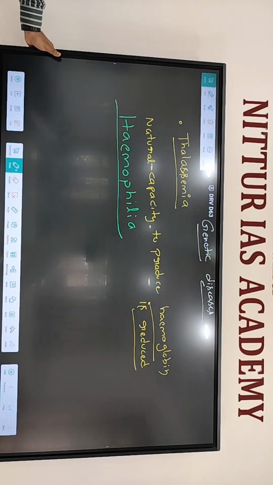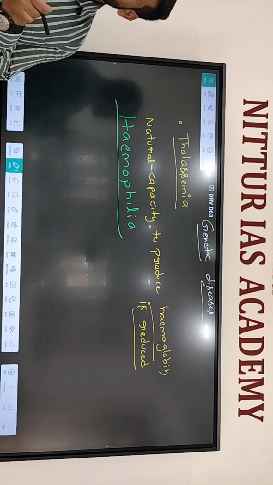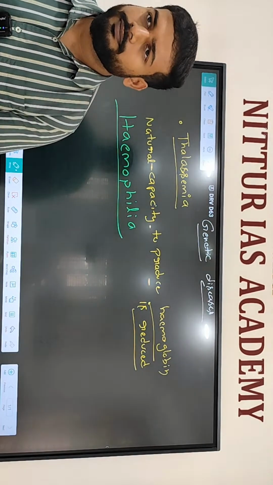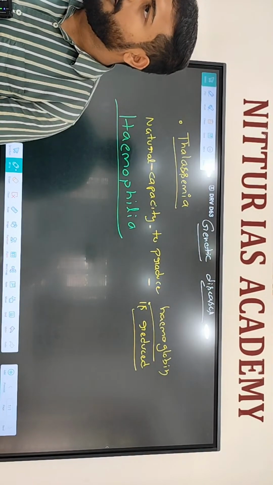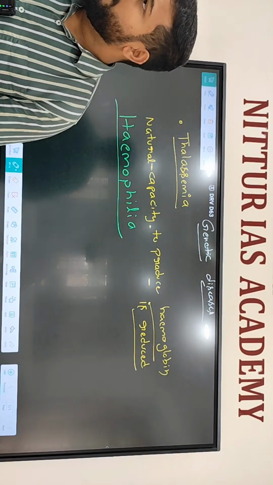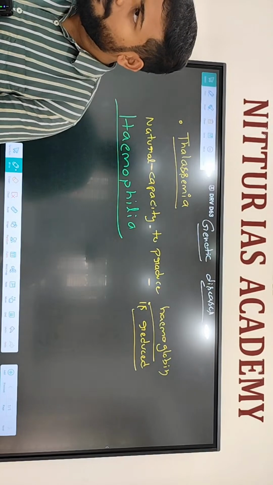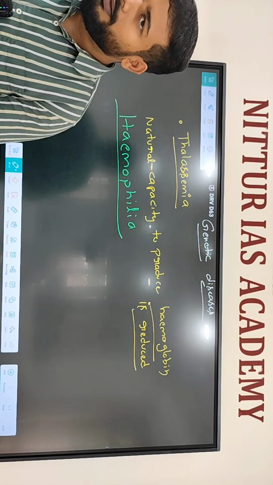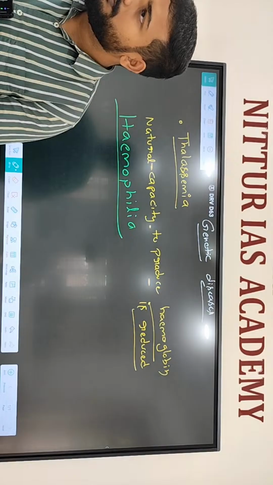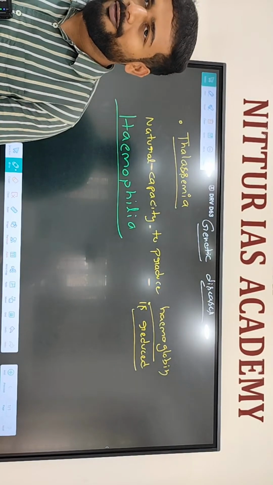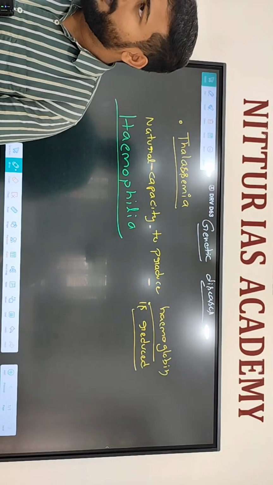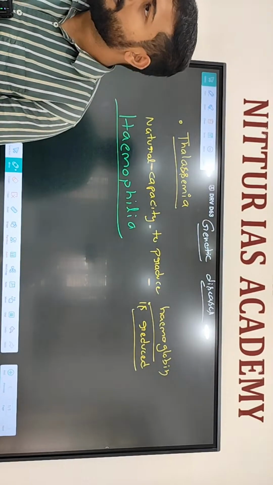Hemophilia means what? If you get a cut or wound, the blood flows out. After some time, it will automatically clot. You will just try to press it to avoid more blood loss, or add some turmeric to make it clot faster.